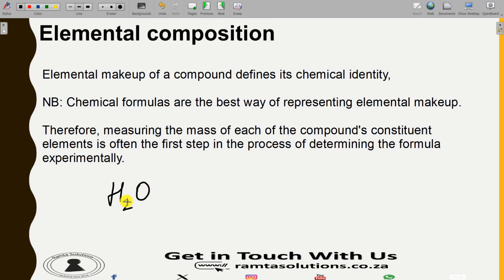From this, we can find how much hydrogen contributes to the overall molecule of water, and how much oxygen contributes to the overall compound of water.